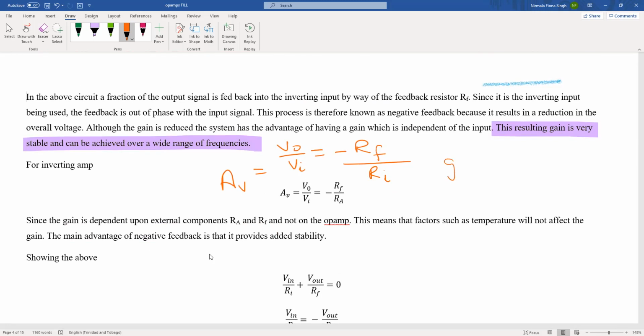All right, so here we can get the gain of your op amp is simply the comparison of your two resistors connected to your amplifier.